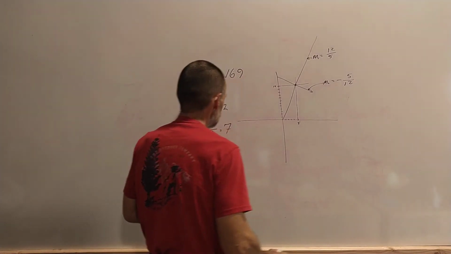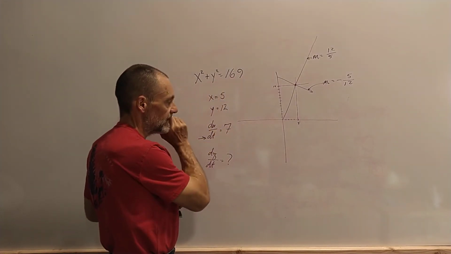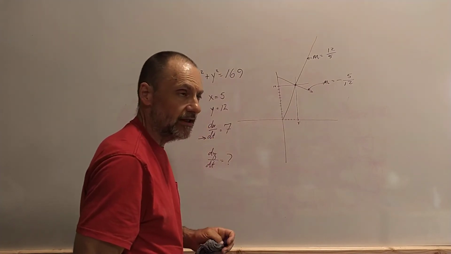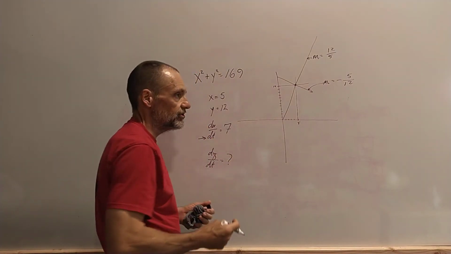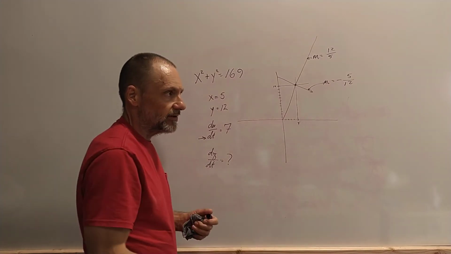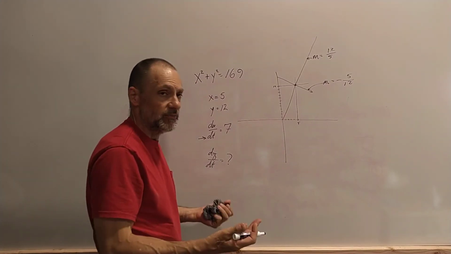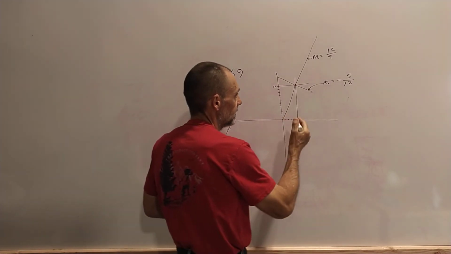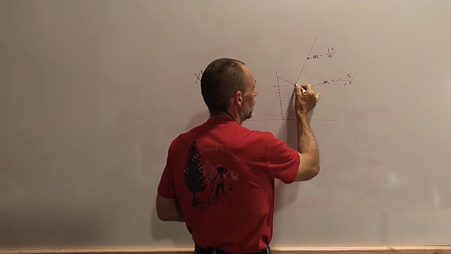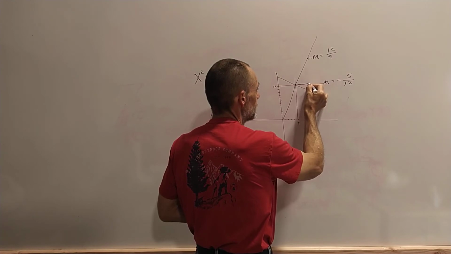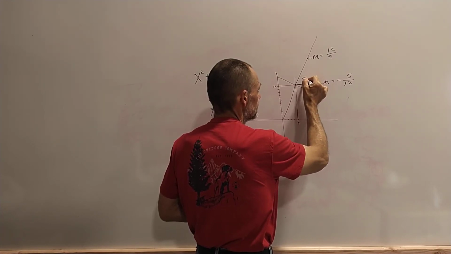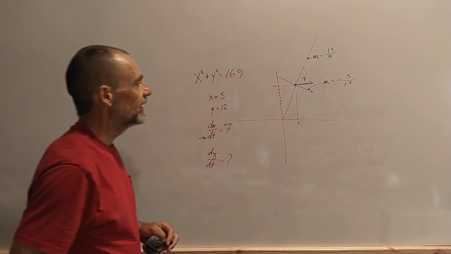Now, it says here that dx/dt is 7. So this is the change in x with respect to time, and x is position. So the change in your position with respect to time, that's actually your speed. If you have a direction, it can be interpreted as velocity. So this speed, velocity right here, is 7.